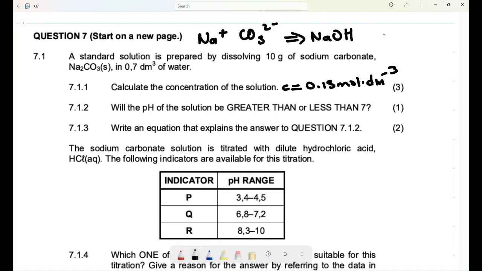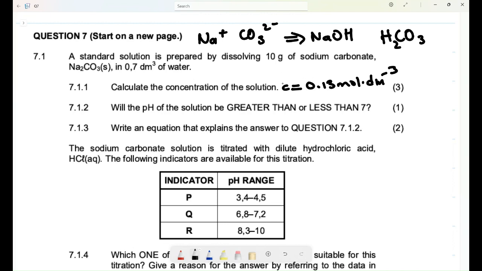Then this one comes from, I've forgotten this acid, but something like HCO3 minus, if I'm not mistaken, or just H2CO3. Something more or less like that.